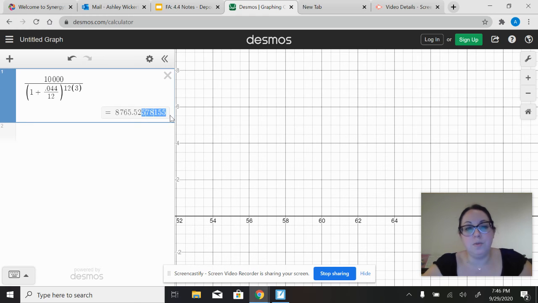So she's not making a repeated deposit. She's making a one-time deposit. So she's going to make a deposit in the amount of $8,765 and then 0.525. Since that third number is a 5, it's going to round up to 53 cents. So if she's got that to put into the account right now, she can put that $8,700 and change in there and then let it grow to $10,000 over the 3 years.